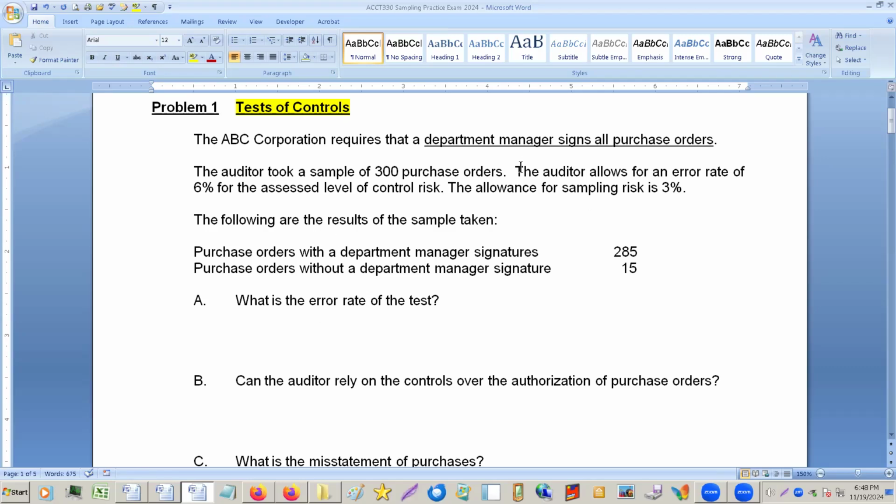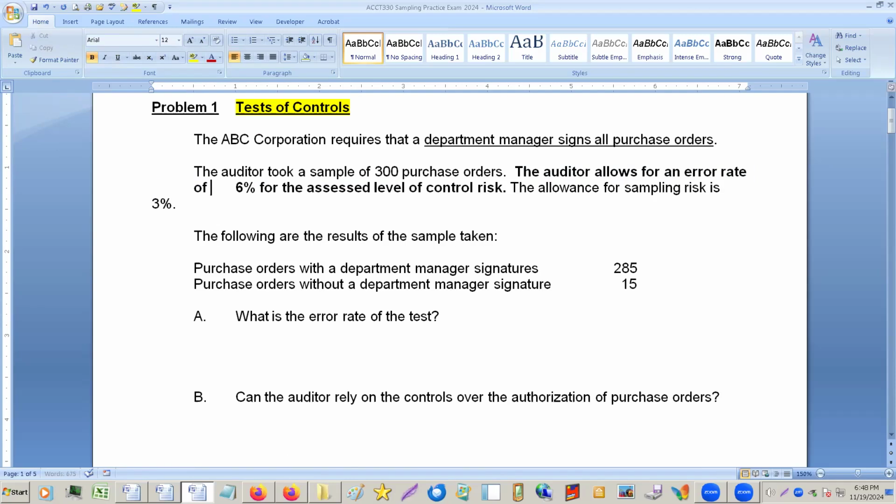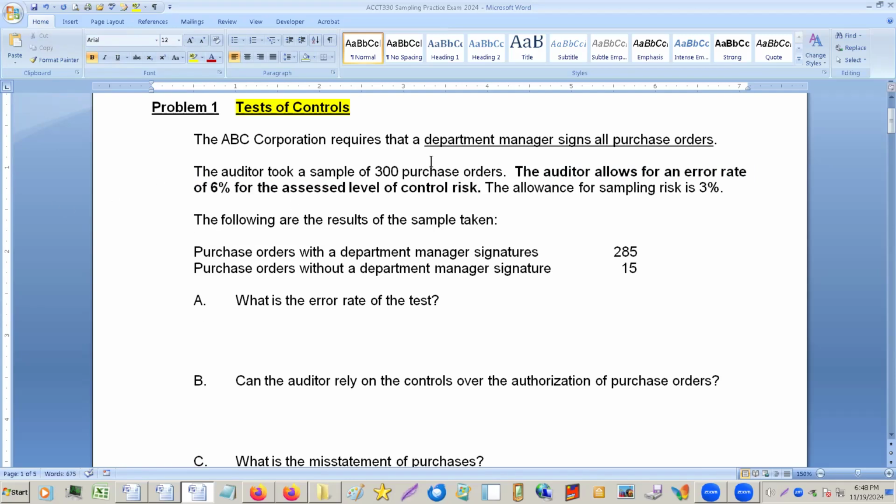The auditor allows for an error rate of 6%. So we're okay up to 6% of these not being right. The allowance for sampling risk is 3%.